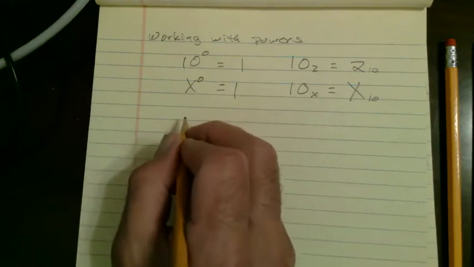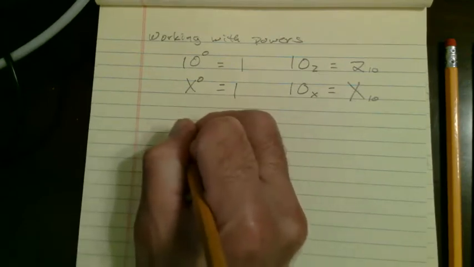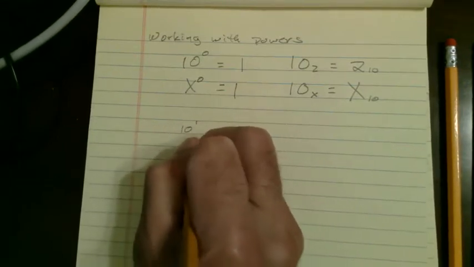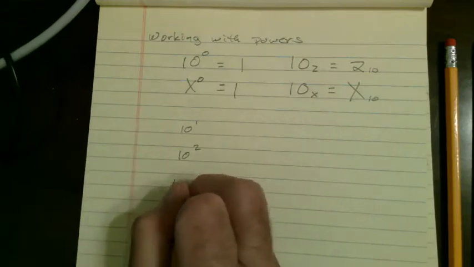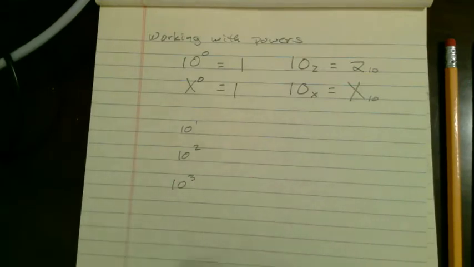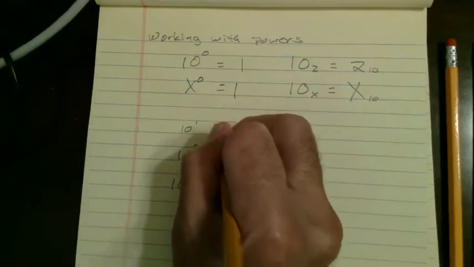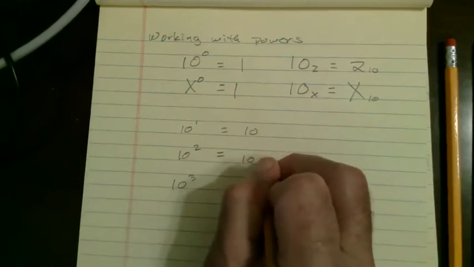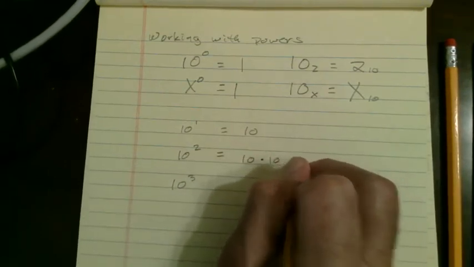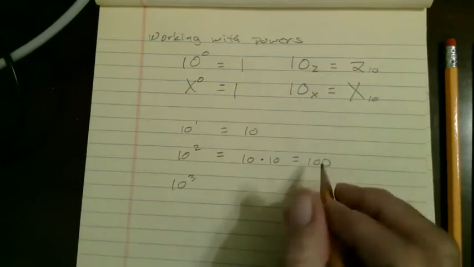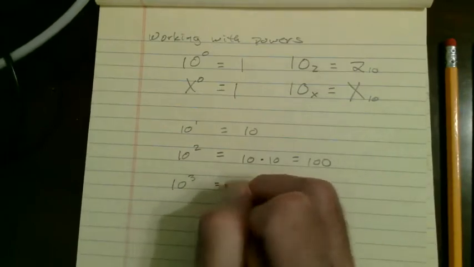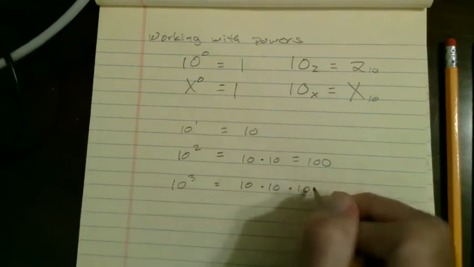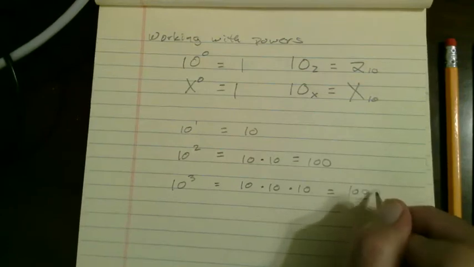If we start raising numbers to the powers, we're going to take 10, raise it to the first, 10, square it, 10, cube it. So 10 to the first just equals 10. 10 squared means 10 times 10, or 100, 1 with 2 zeros after it. 10 cubed is 10 times 10 times 10, or 1000.